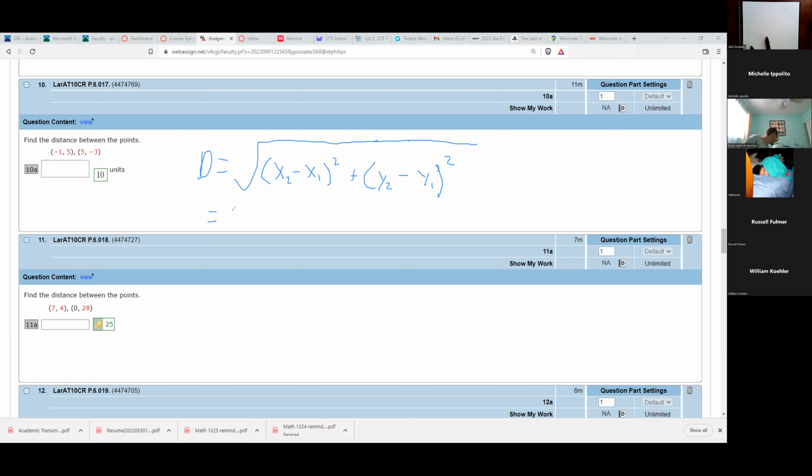Now, the work you would have to show on an exam is just plugging that in. There's nothing really to do here. So remember that x1, y1 is going to be these two, and x2, y2 is going to be these right here.